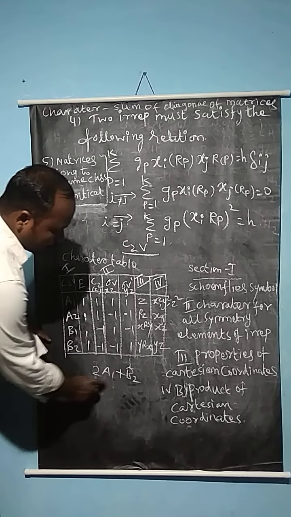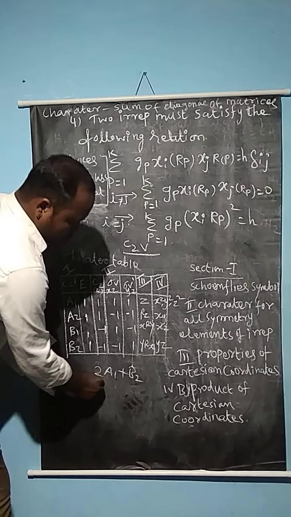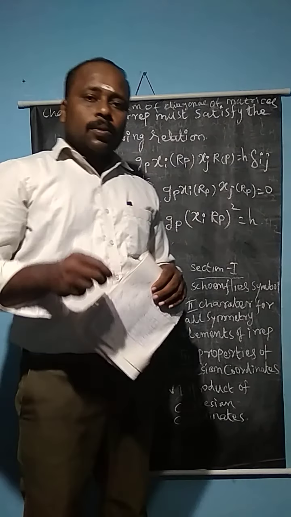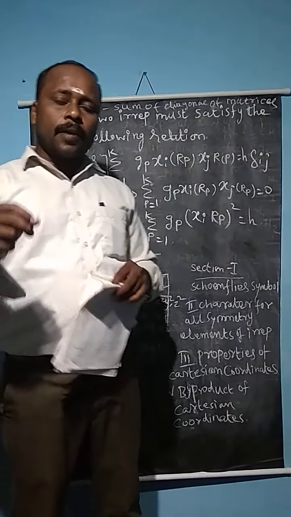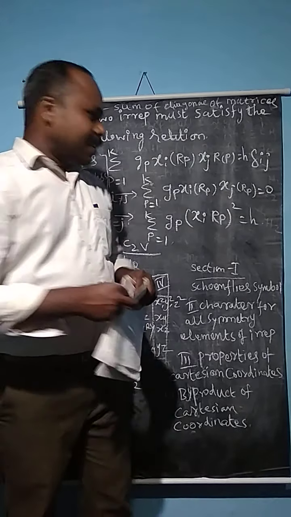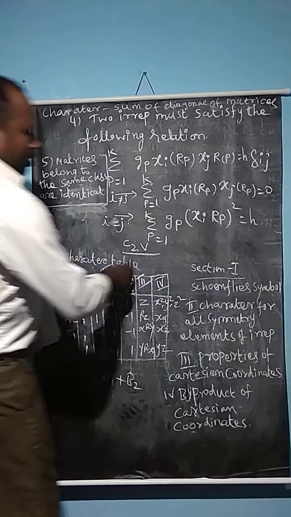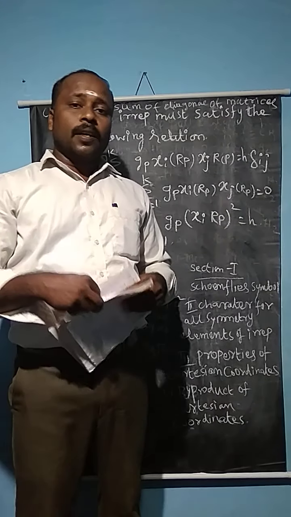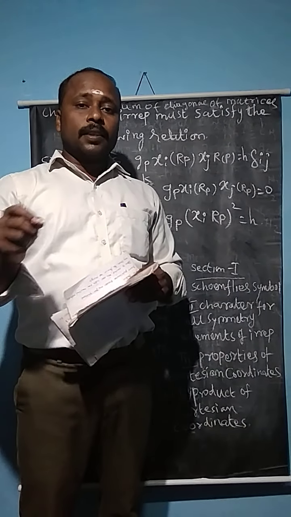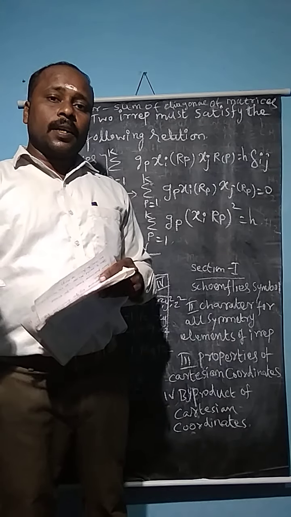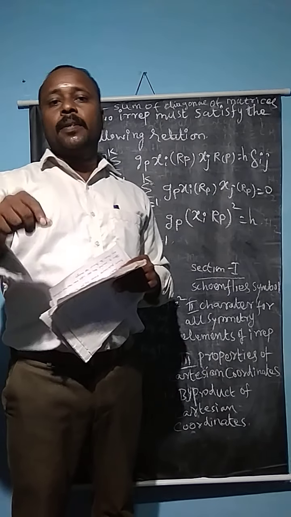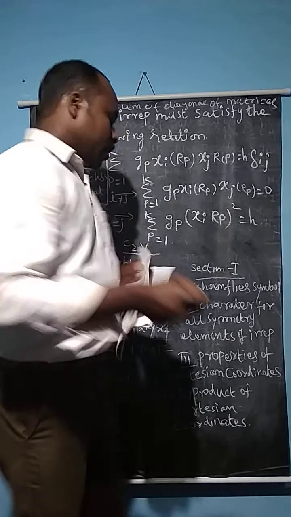Here the total symmetry operation is 2A1 plus B2. This water molecule obeys the Abelian group law, and all the rotations and vibrations are active in IR and Raman spectroscopy, because if the molecule has a center of symmetry, a vibration or rotation mode which is active in IR will be inactive in Raman spectroscopy.